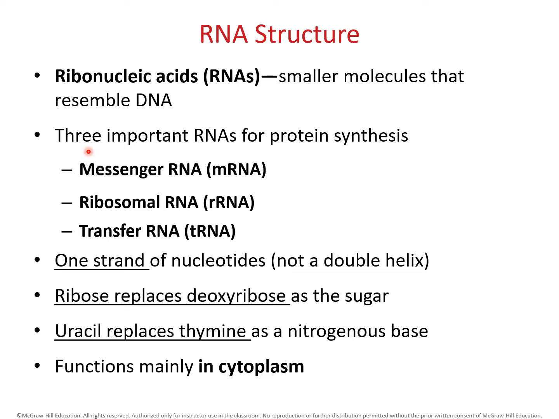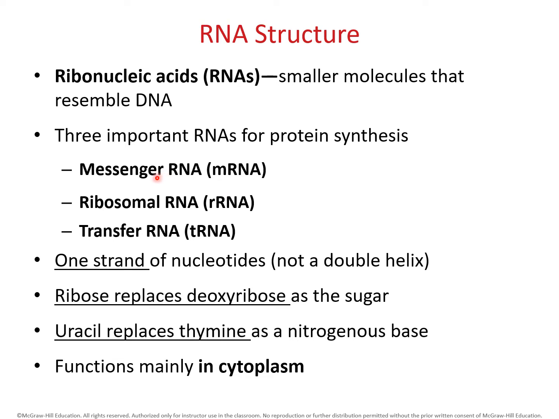Now, there are 3 important types of RNAs that are going to be associated with the very important process of protein synthesis. 3 types that we will mention, and you need to know all 3 of these. We have messenger RNA. You can abbreviate that as mRNA.